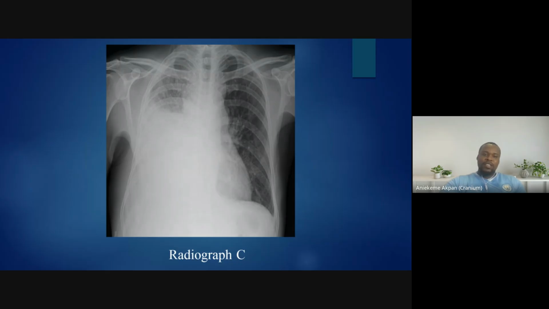It's obliterated because fluid has filled the entire space and has gone way up, even covering the right border of the heart. Because it is white and it is not within the lung parenchyma, it is definitely a pleural disease, and of course, this is pleural effusion.